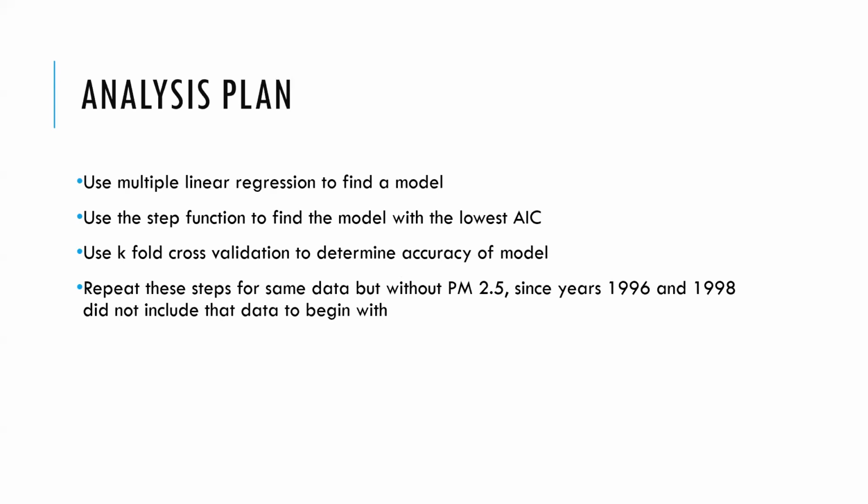So I ended up with a lot of rows with missing values, and when I did that analysis, those rows were deleted. I thought that might lead to a less accurate model, so I decided to run my plan again, but I deleted the whole column of the 2.5 size, just to see if that might yield a more accurate result.